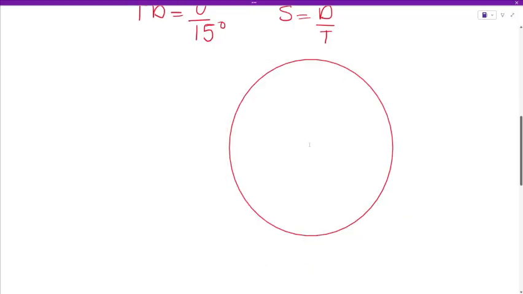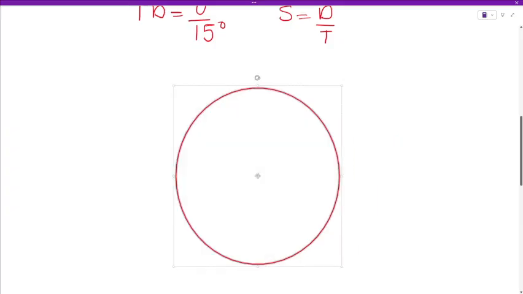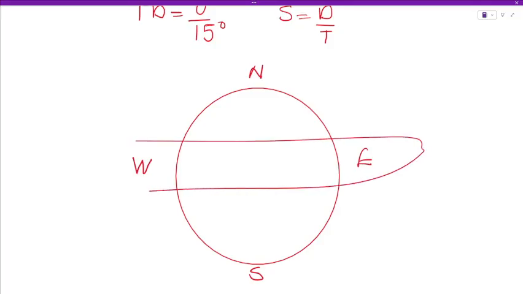When you look at the Earth globe, up here you have the north, down here you have the south. On this side you have west, on the right you have east. These two are very important when it comes to calculating time. Know where the east is and where the west is, don't switch them around.